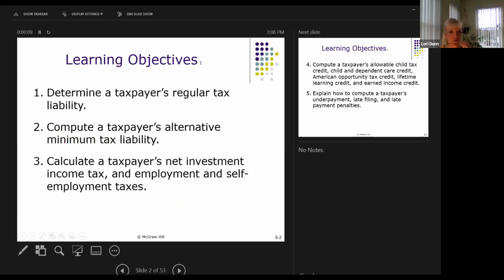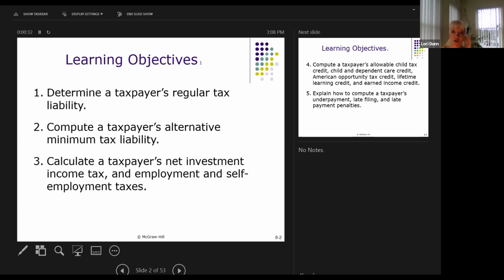So again, we're going to look at how we determine a regular tax liability, just to refresh our memories. We're going to kick it up a notch with preferential tax rates, just to practice that one more time. We're going to talk about what's called an alternative minimum tax liability, which is really a lie, okay?